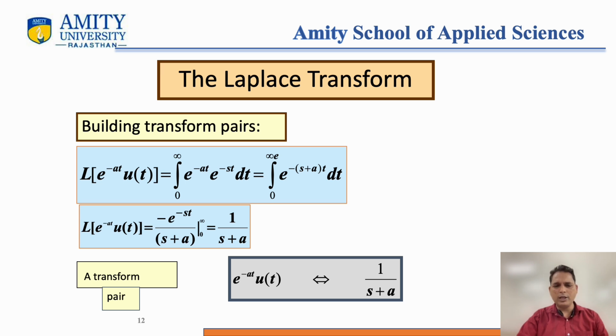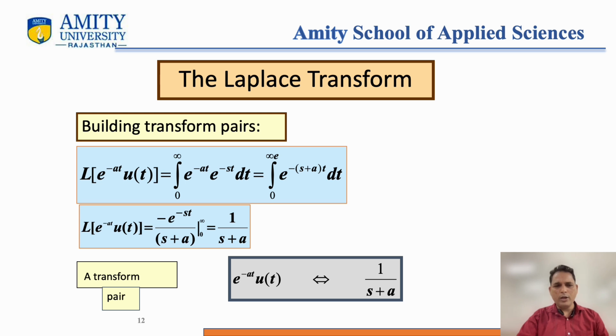The Laplace transformation of f(t) is the integral from 0 to infinity of e to the power minus st f(t) dt. In this case, f(t) equals e to the power minus at. We put it here, and the integral becomes 0 to infinity of e to the power minus at into e to the power minus st dt.